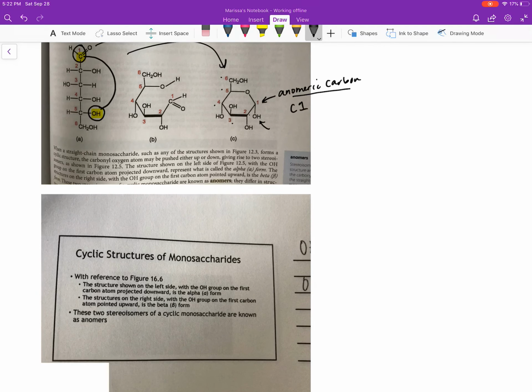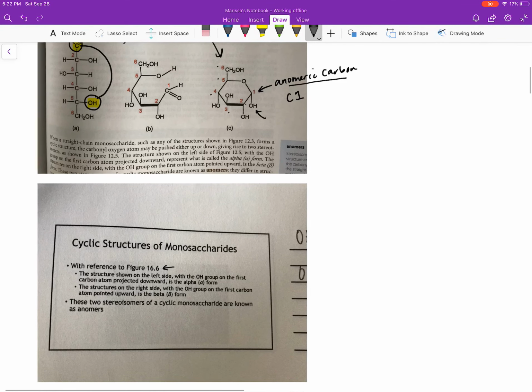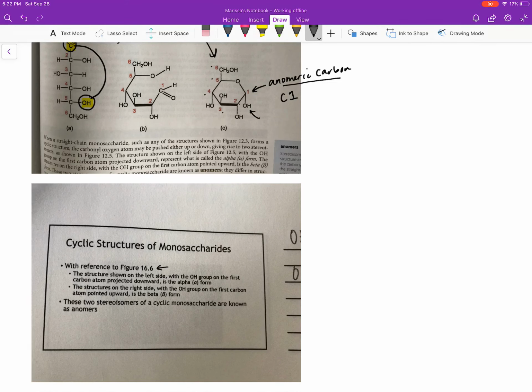The nice thing is this structure right here, while not the same figure, is roughly asking us the same thing. It says the structure shown on the left side with the OH group on the first carbon projected downward is the alpha form. The structure on the right side with the OH on the first carbon pointing upward is the beta form. So looking back at this, this is alpha.